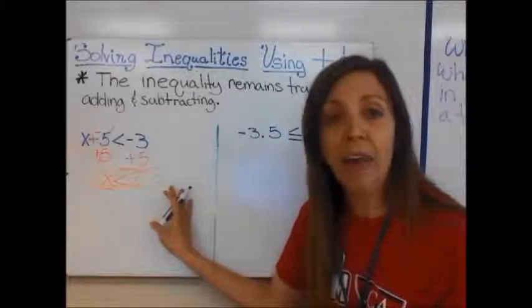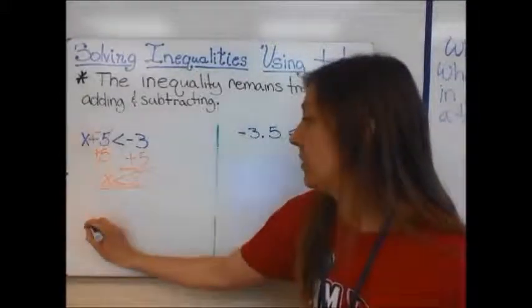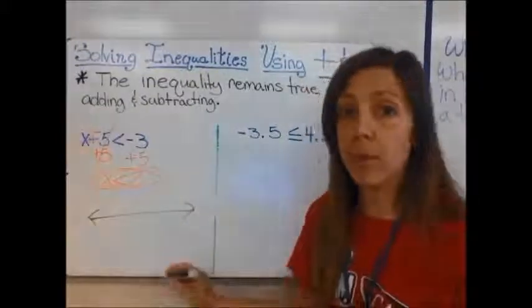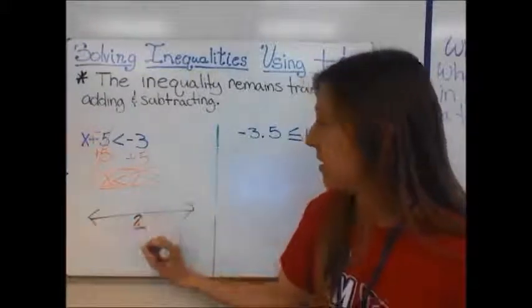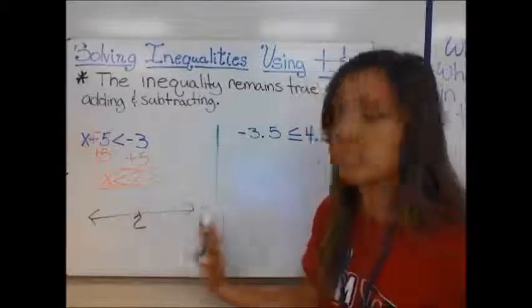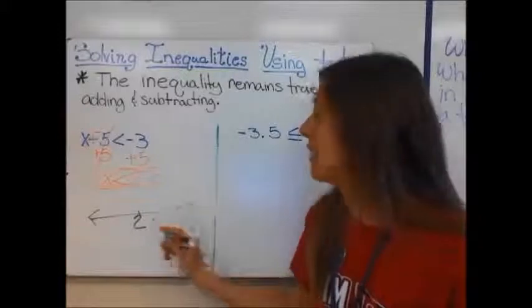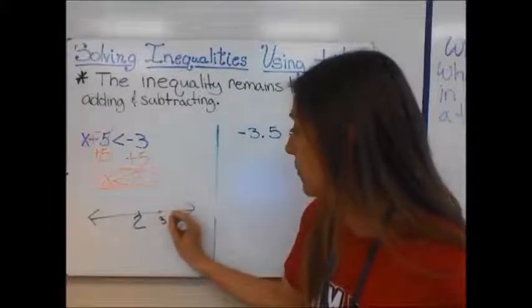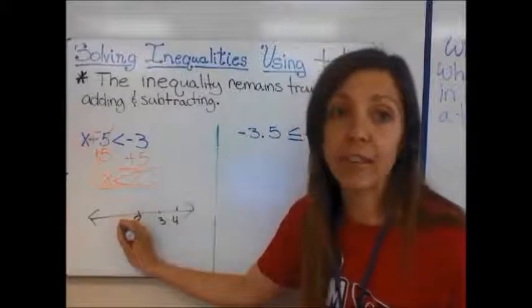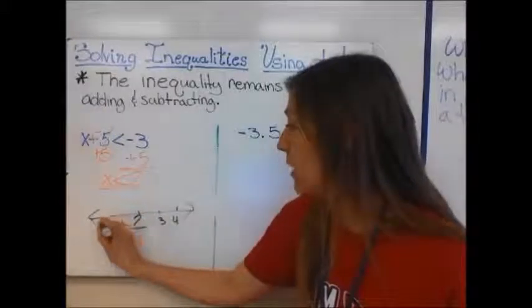So when you graph x is less than 2, you draw a number line, put 2 in the middle of your number line. Maybe two numbers that are greater than 2, so 3 and 4 to the right, and then two numbers that are less than 2 to the left, so 1 and 0.